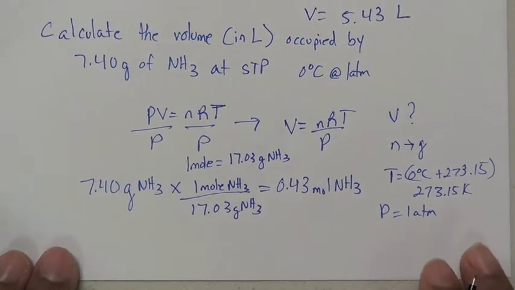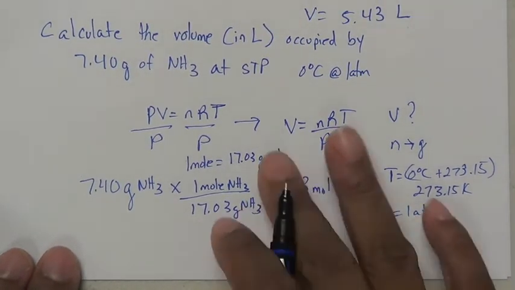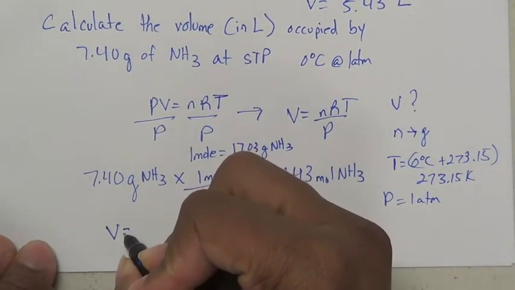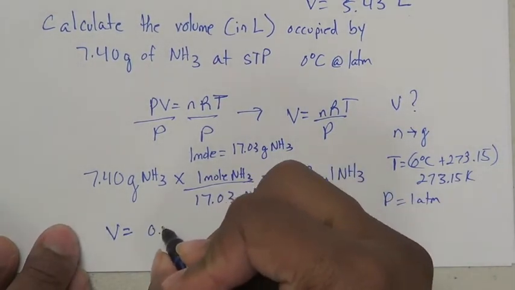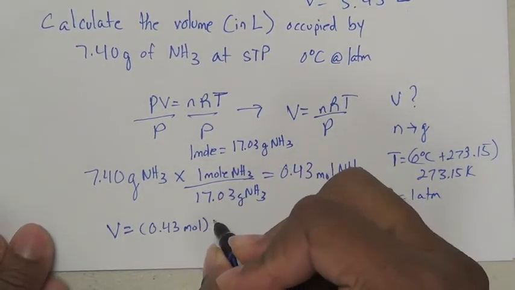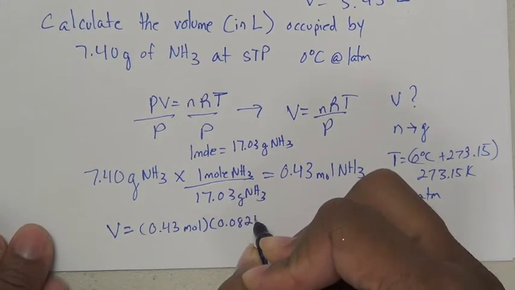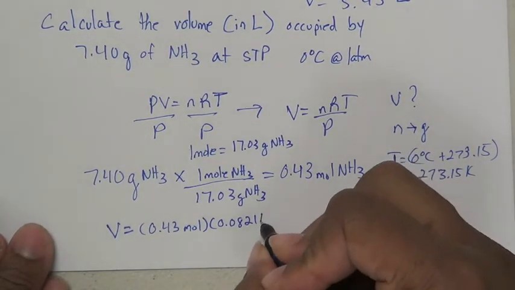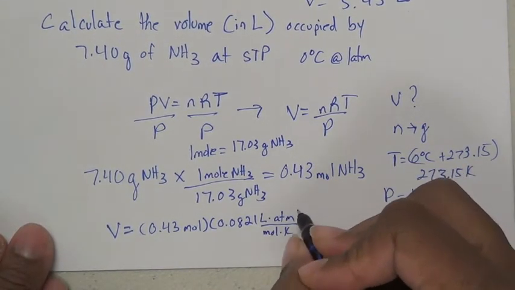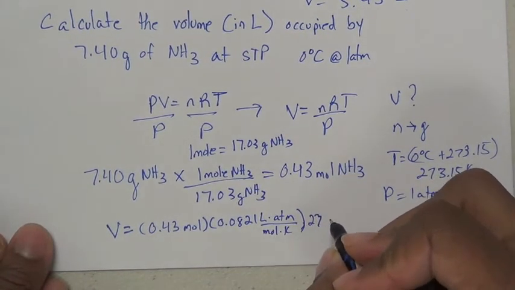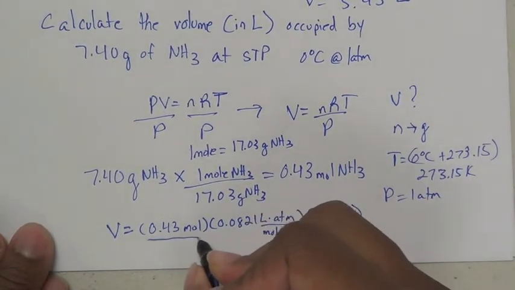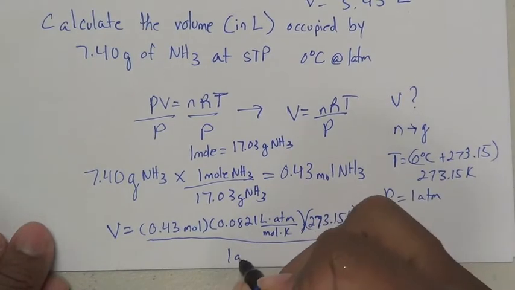Now I'm going to plug it in right here. So volume is equal to the number of moles, 0.43 mole, times the gas constant, 0.0821 liters atmosphere over mole Kelvin, times 273.15 Kelvin, over the pressure, which is 1.